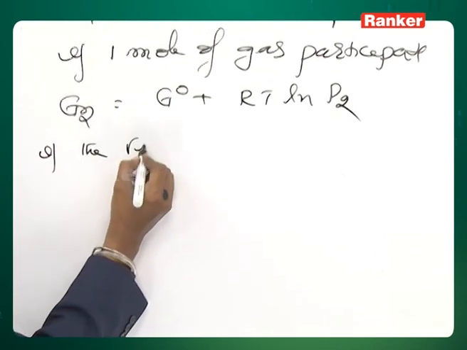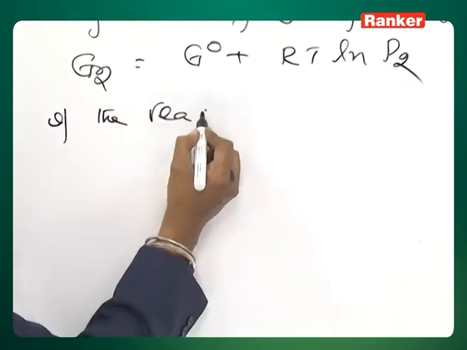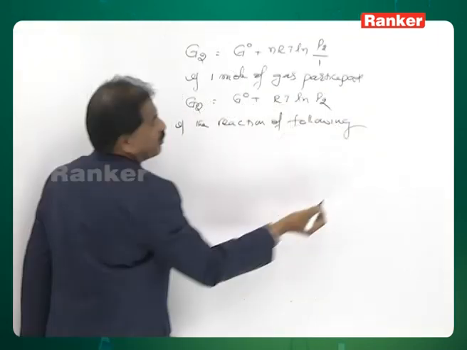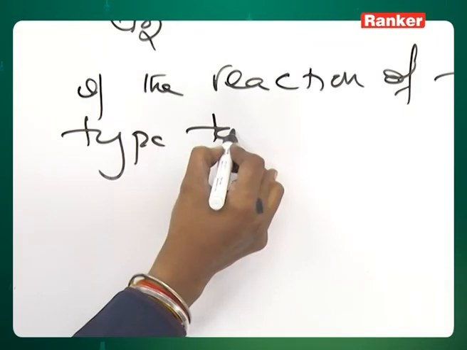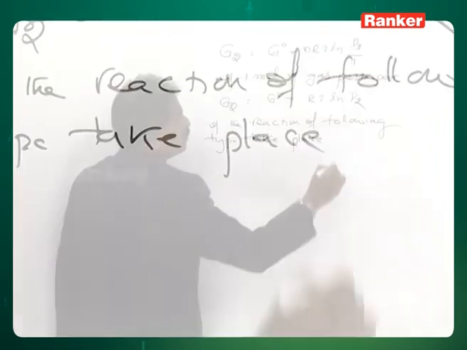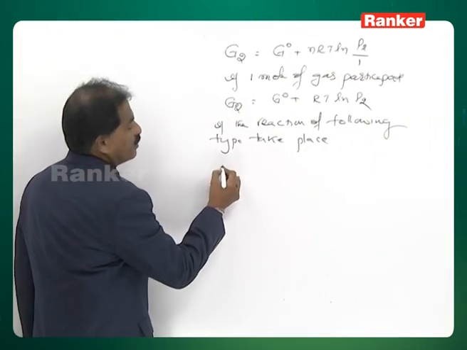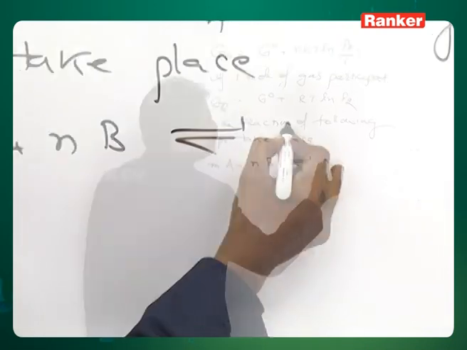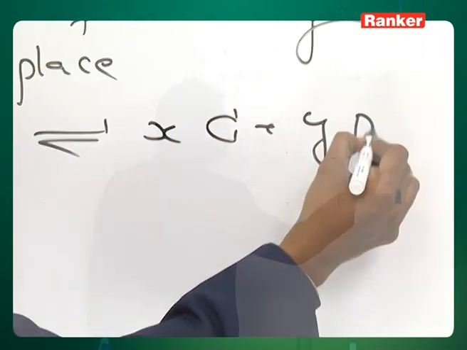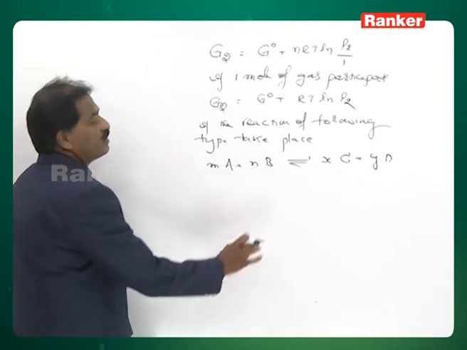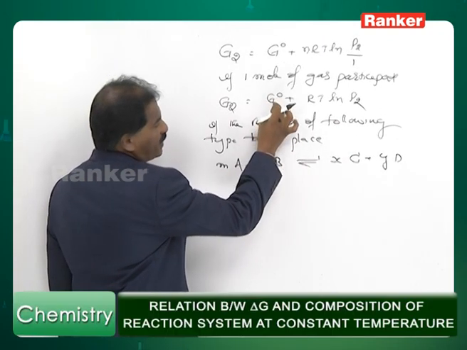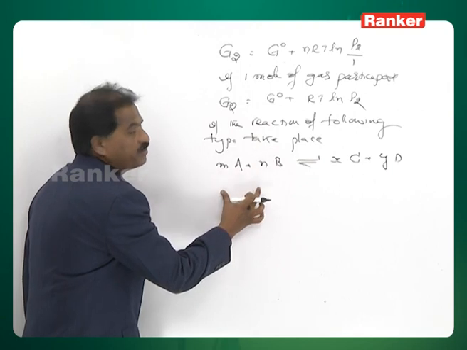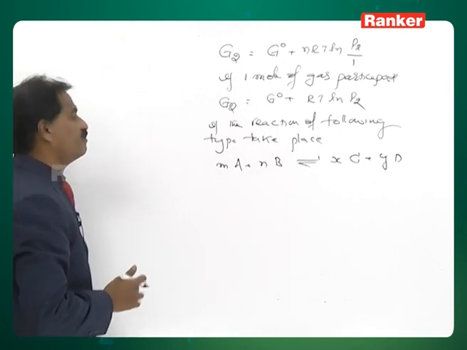If a reaction of the following type takes place, that is m moles of A react with n moles of B to produce x moles of C and y moles of D, and this reaction is at equilibrium, then if we apply this expression, we can derive a new expression through which we can calculate the change in free energy at equilibrium.